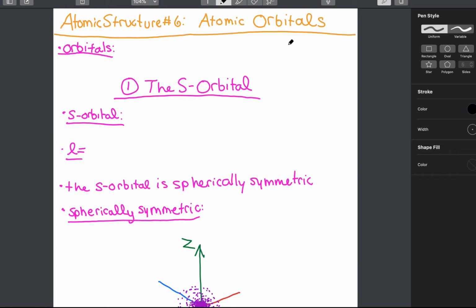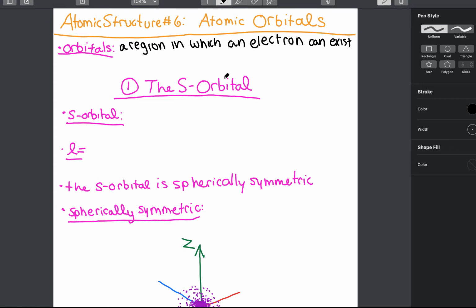So let's first, before we get into the shapes, remind ourselves of what orbitals are. So what is an orbital? An orbital is a region in which an electron can exist.